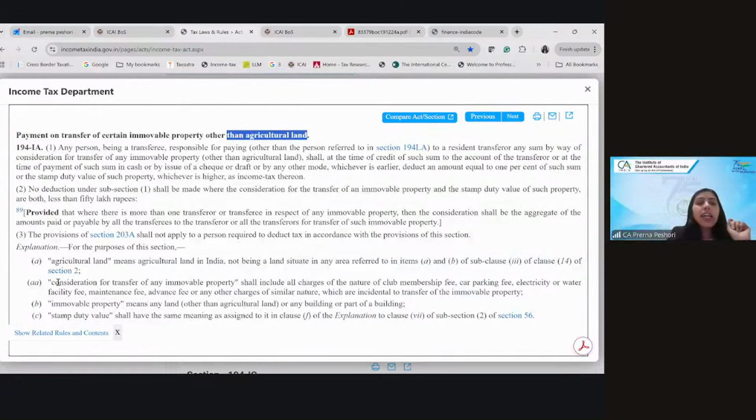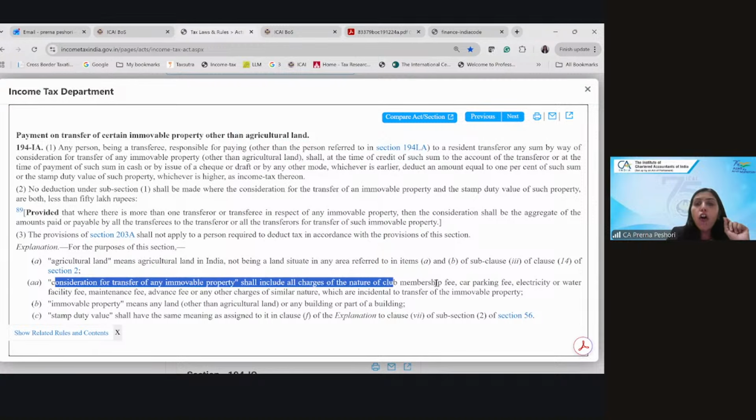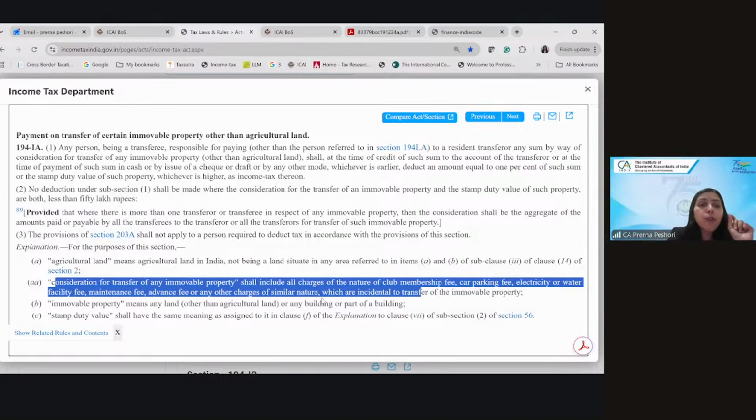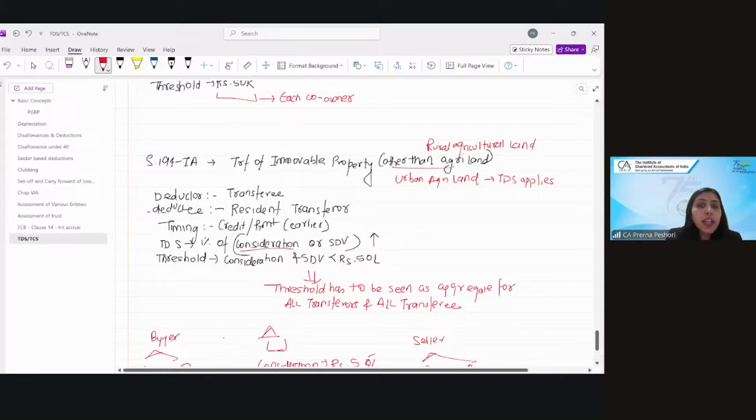Are we clear? Then they say consideration for the transfer of any immovable property shall include all charges of the nature of club membership fee, car parking fee, electricity, water facility fee, maintenance fee, or any other charges of similar nature which are incidental to the transfer of immovable property. So basically the consideration will include all the charges.